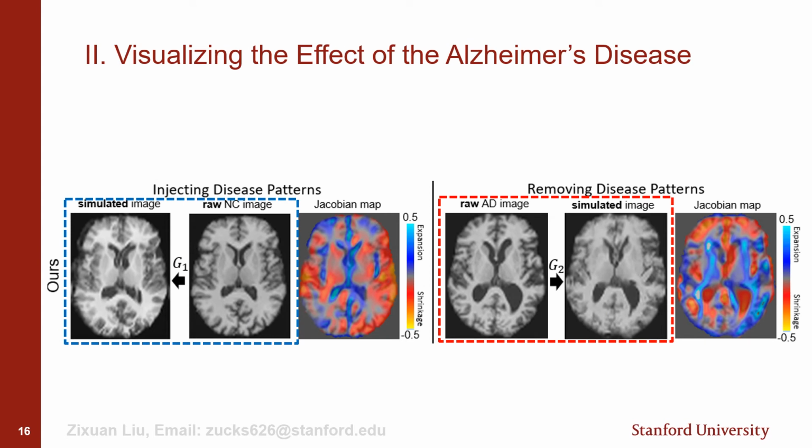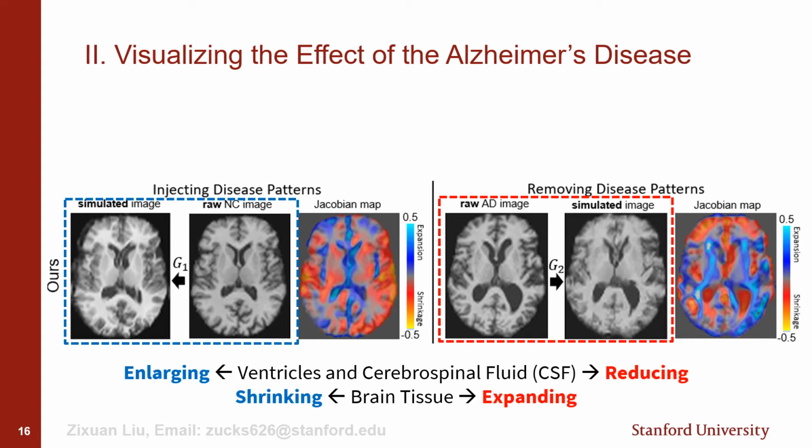Now, let's take a look at the example subject level simulation results and their corresponding Jacobian map visualizations. As we can see again, the simulator network successfully captured the informative disease pattern. If we look at the left part, we can see the disease simulator gets a simulated image with enlarging ventricles and cerebrospinal fluid part, as well as shrinking brain tissue here.